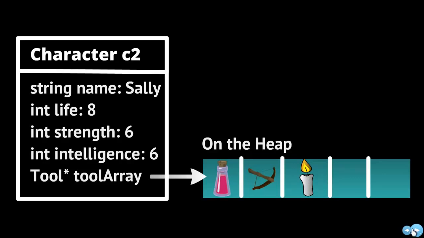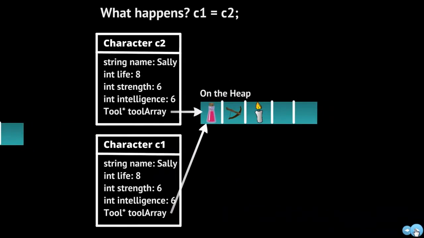So let's go back to our example where we were doing the assignment operation. What happens now whenever we assign C2 to C1? All the data members, other than the tool pointer, get assigned over. So all the things we see here in C2, Sally 8, 6, and 6, get copied over to C1. But the problem is this particular tool pointer is able to reference things out on the heap.